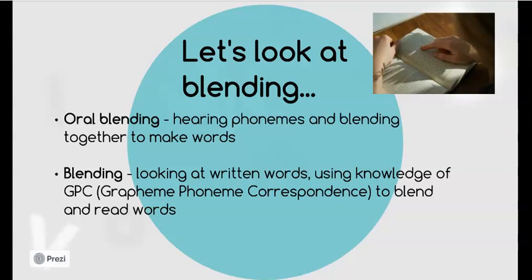So not just saying words and making them, but reading them when they can see them. And they're doing that by looking at the grapheme phoneme correspondence, which might be known as GPC. Quite a technical term that you don't need to worry about. Essentially it is the grapheme, what is the sound that's associated with the grapheme, what does that letter look like, or what do those groups of letters and that sound look like.